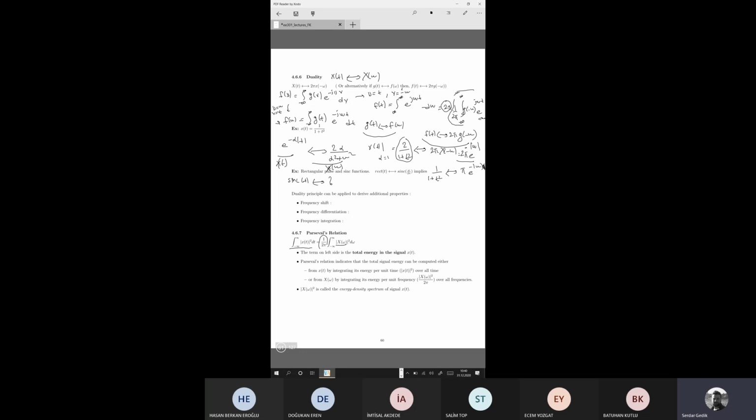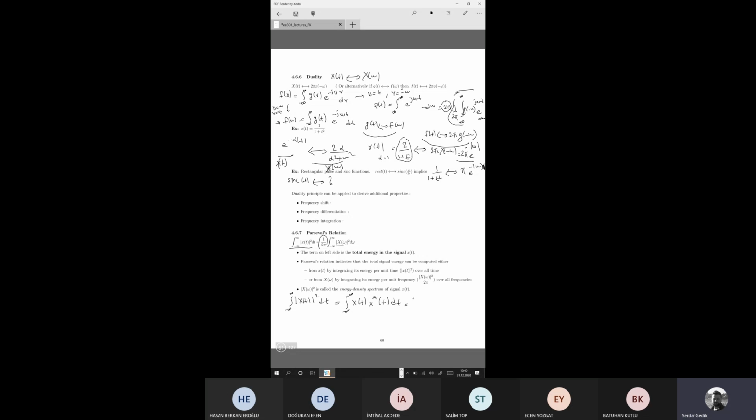Again, it is easy to derive. Let's start by writing this norm squared dt. This is nothing but x(t) times x conjugate of t dt.